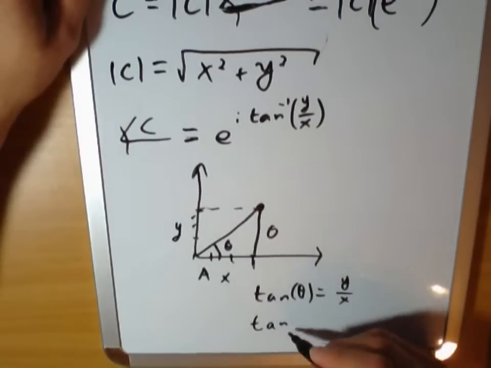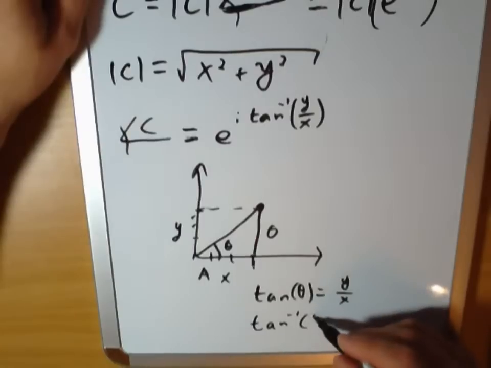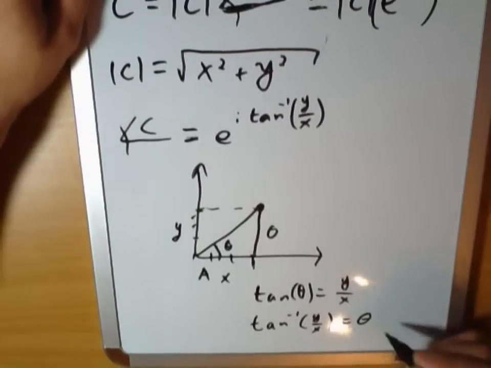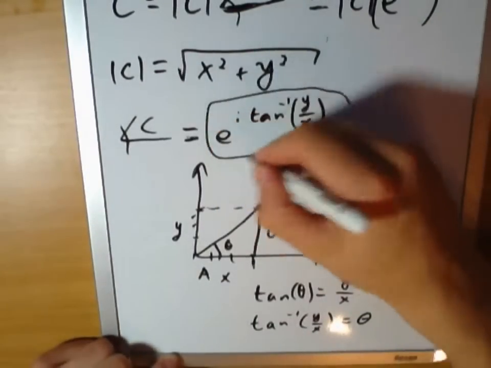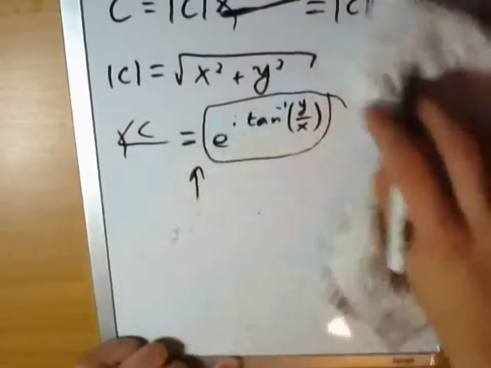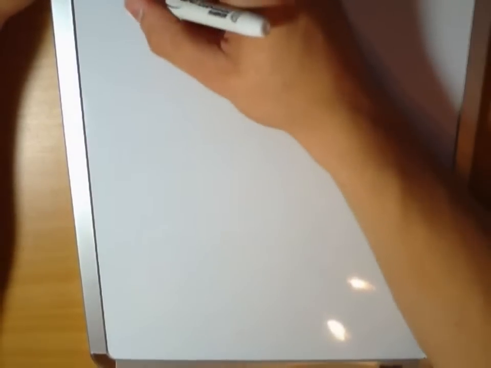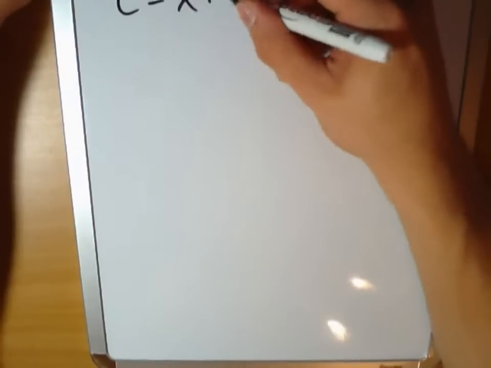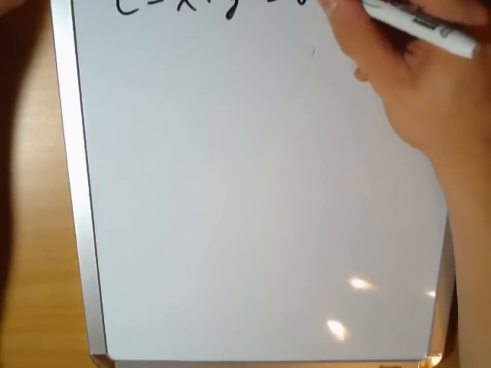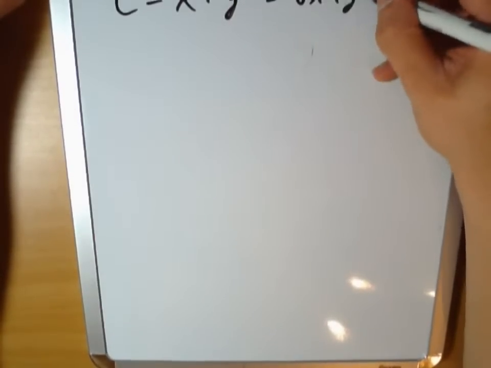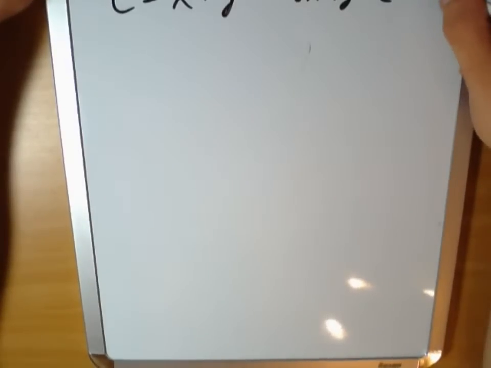Therefore, inverse tangent y over x equals theta. So that's where this comes from. But that's really what I wanted to get to in this video, is that you can have a relationship between Cartesian coordinates and magnitude angle coordinates, in the sense that C equals x plus yi equals square root of x squared plus y squared e to the i inverse tangent y over x.